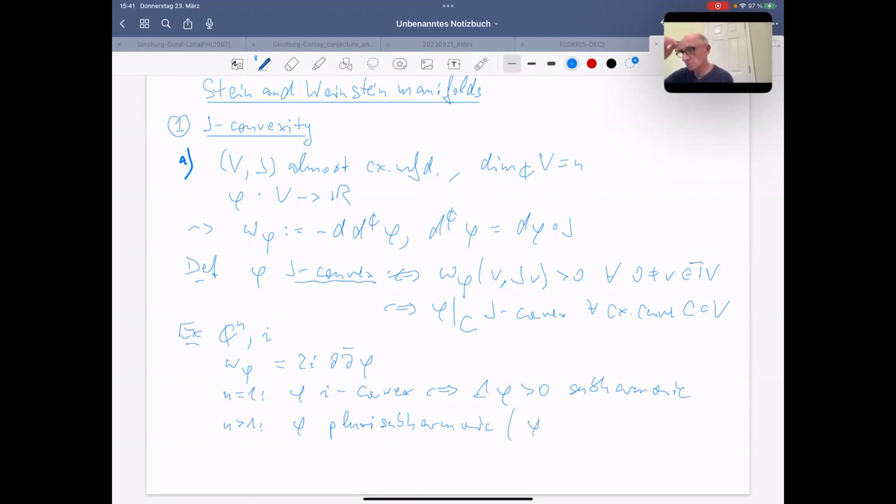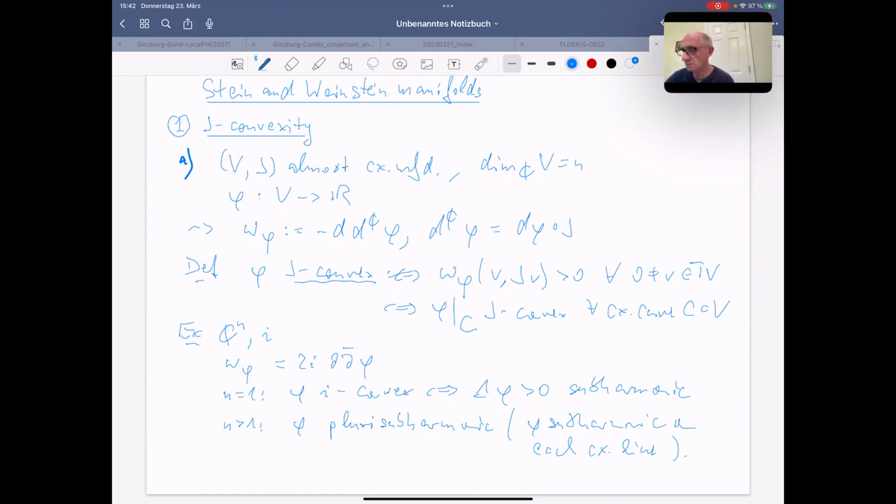So phi is subharmonic on each complex line. This is just to fix some notation.